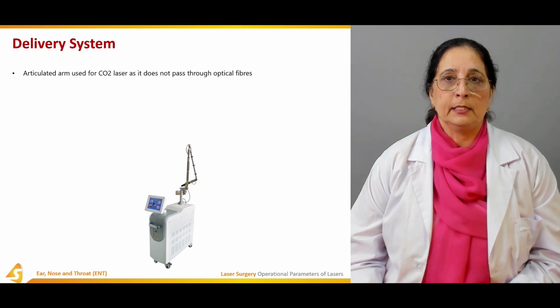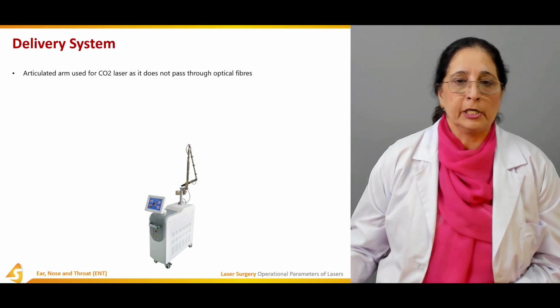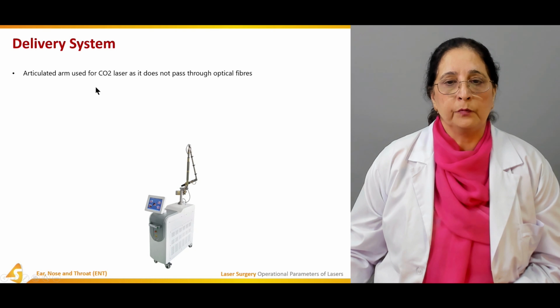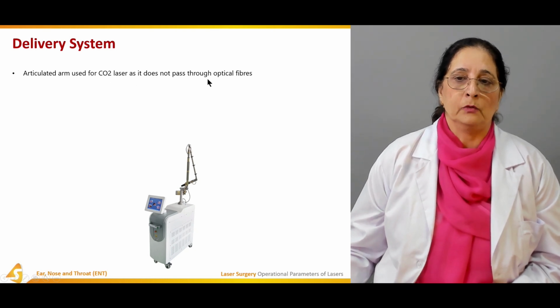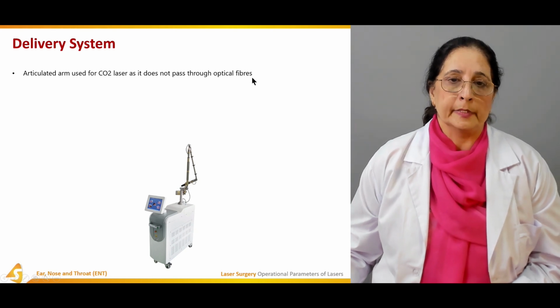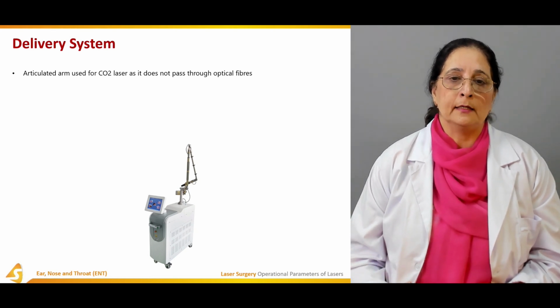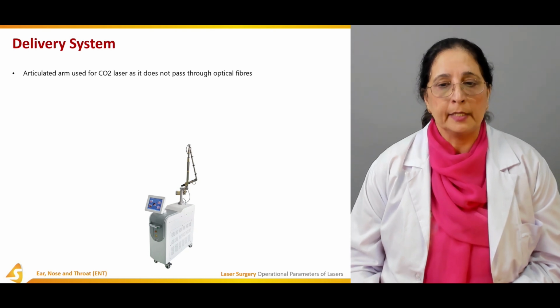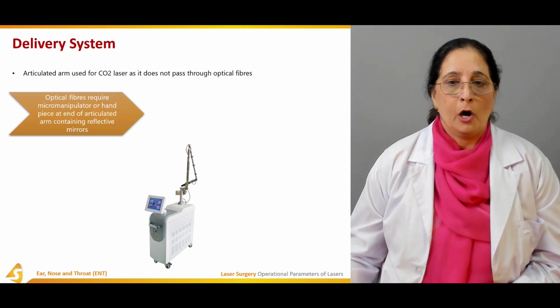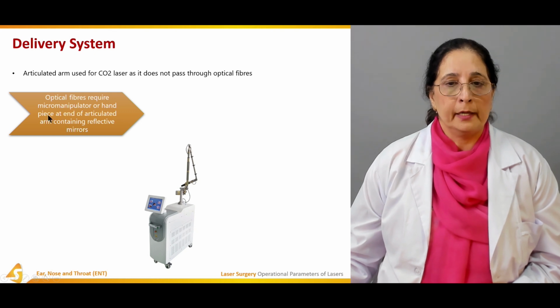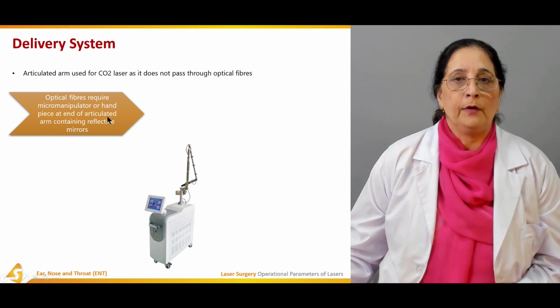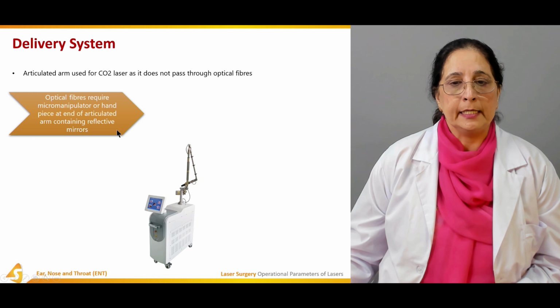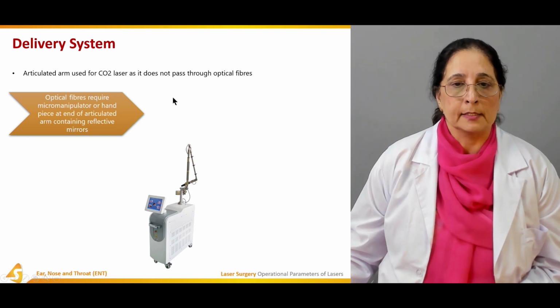For the delivery system, an articulated arm is used for carbon dioxide laser, as it does not pass through optical fibers. Optical fibers require a micro manipulator, a very small manipulator, or a handpiece at the end of the articulated arm containing reflective mirrors.